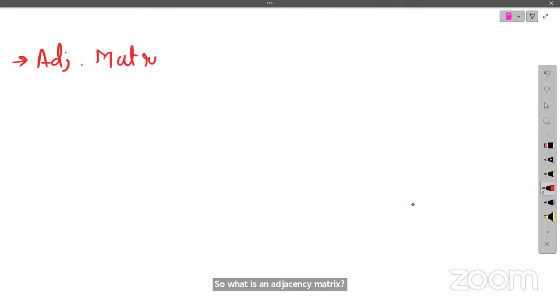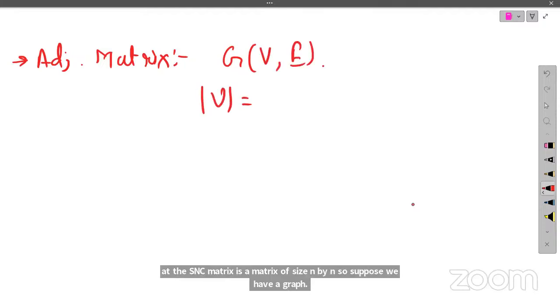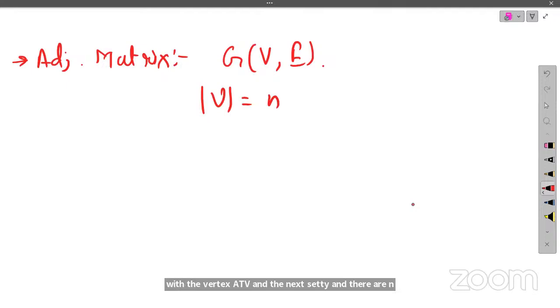So what is an adjacency matrix? An adjacency matrix is a matrix of size n by n. Suppose we have a graph with vertex set V and edge set E, and there are n vertices. We know that this symbol denotes the cardinality of a set.